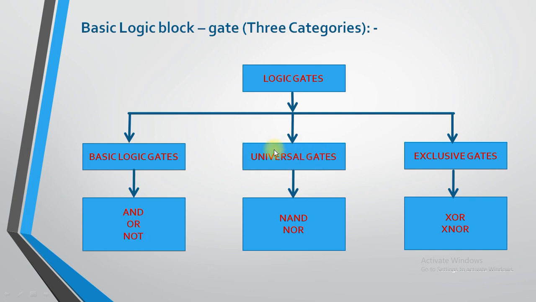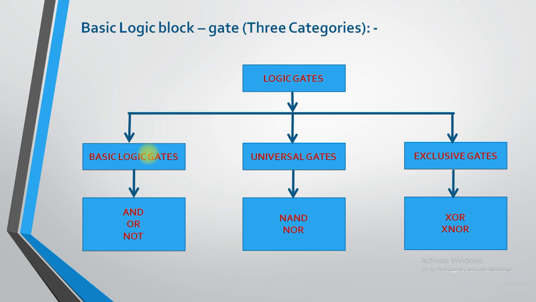Universal gate is divided into 2 types: NAND and NOR. NAND means not AND, NOR means not OR. The third is called exclusive gate, which can be referred to as XOR, XNOR. That means exclusive OR, exclusive NOR. So these are the 3 categories of logic gate.